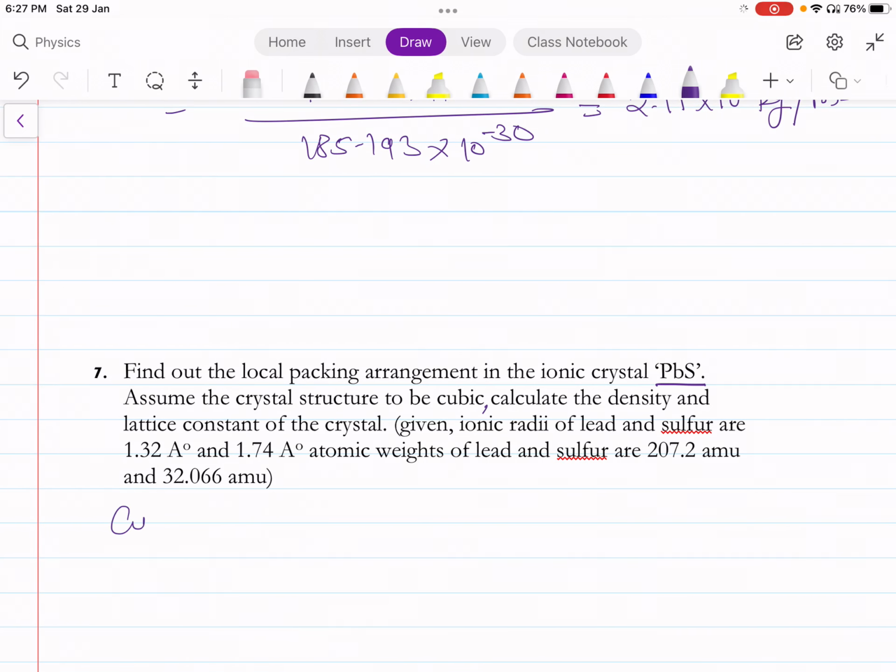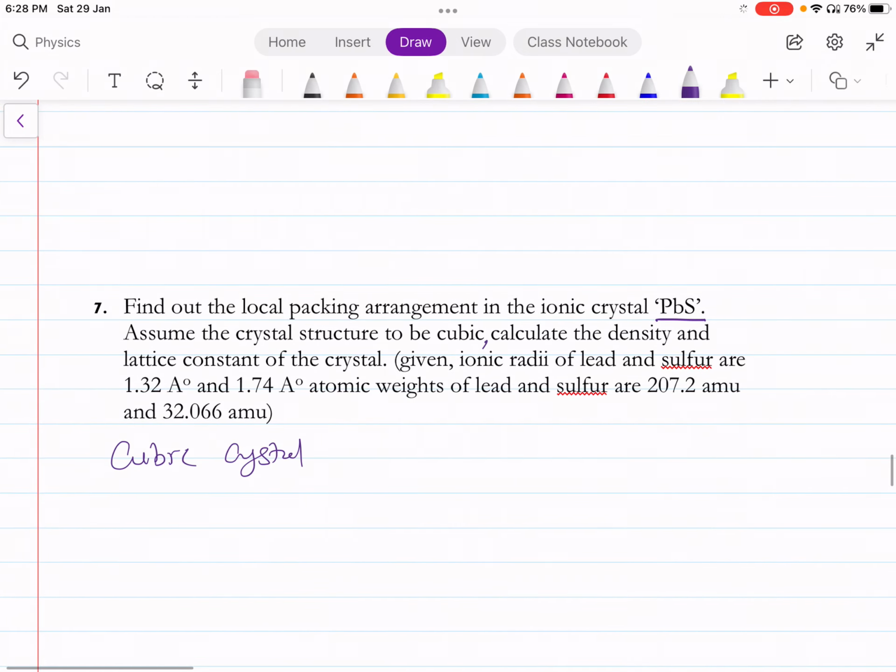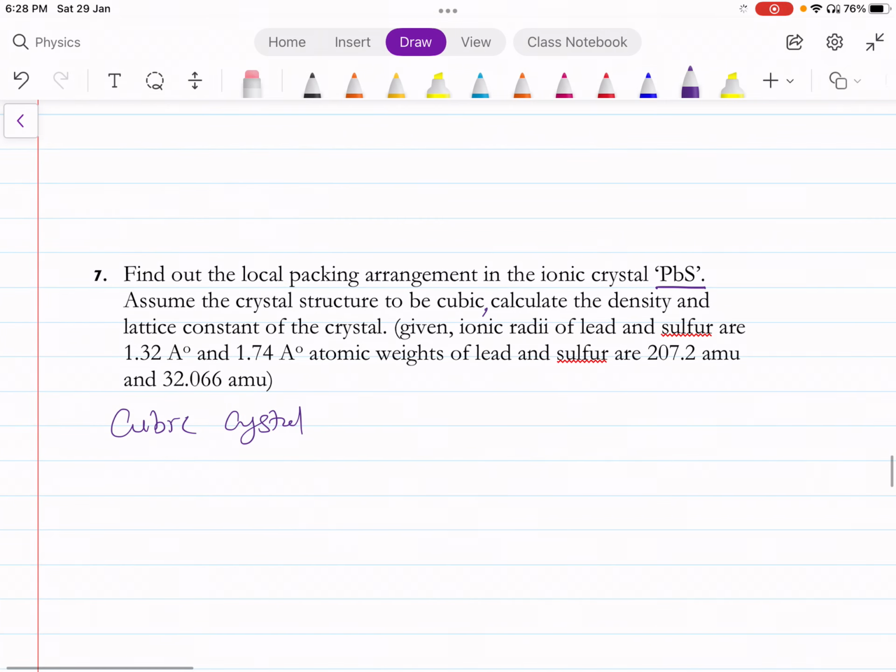A cubic crystal is given. We don't know whether it is simple cubic, body centered cubic, or simple cubic diatomic. This is of course a diatomic, but we don't know whether it is a simple cubic diatomic or FCC diatomic, NaCl type or diamond type.